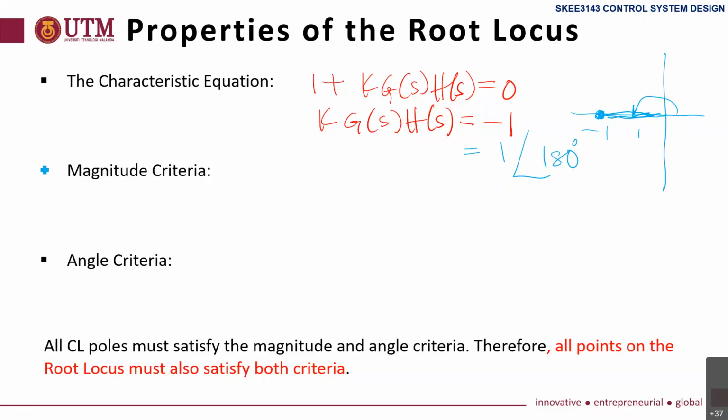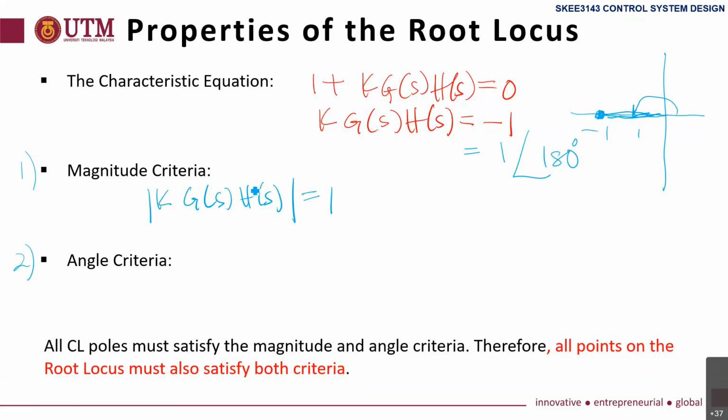we have two criteria. One is magnitude, and the other one is the angle criteria. Magnitude meaning that the magnitude of K G(s)H(s) must be 1.